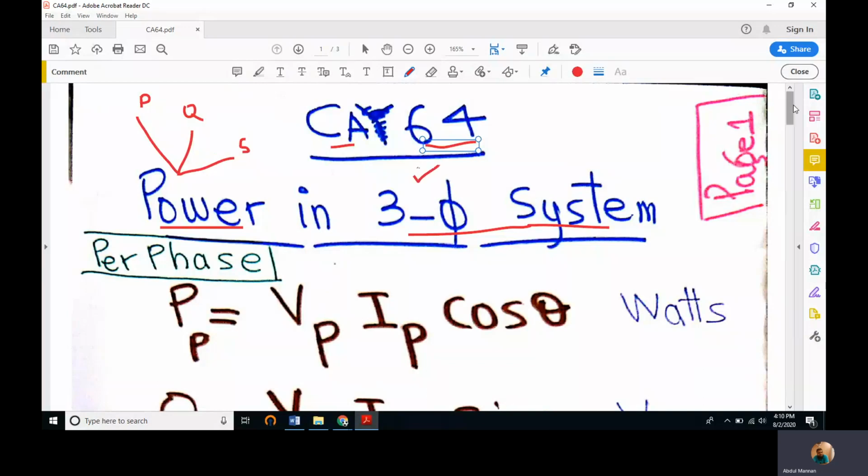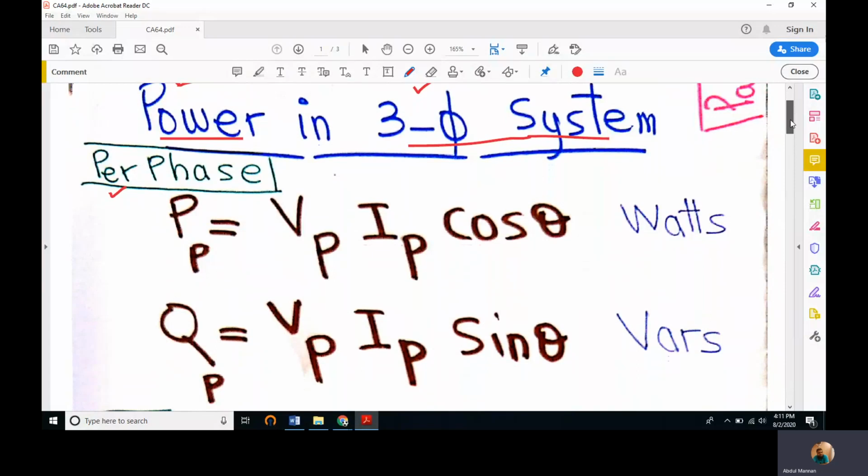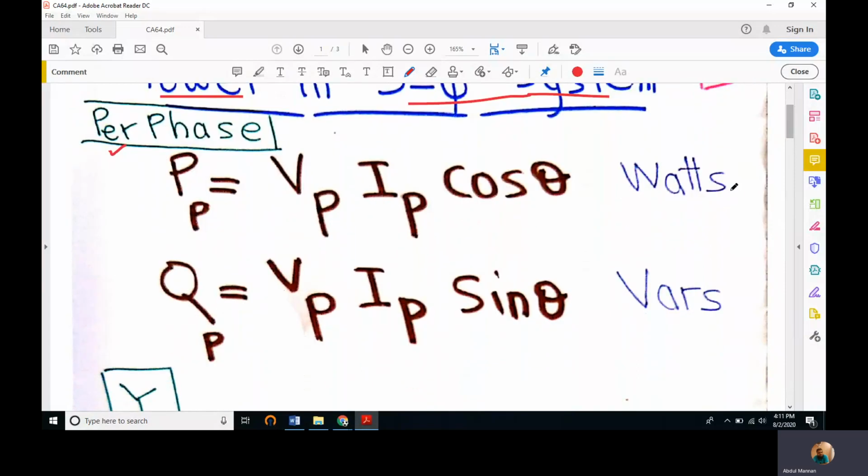To begin with, let's start with the per phase representation. In each phase of a three-phase system, the power would be the phase voltage times the phase current times the cosine of the angle between the voltage and current. The units are watts. It's equivalent to the power in a single-phase system. And Q can be written on the same lines: V sub P times I sub P times sine of theta.